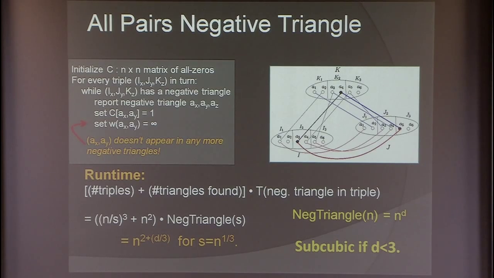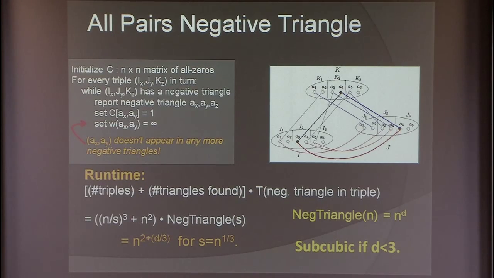This is because I defined the all pairs negative triangle and I only care about the pairs between partitions I and J. That's why. But yeah, you could also solve the other problem. You can just change the names of I and J in case.